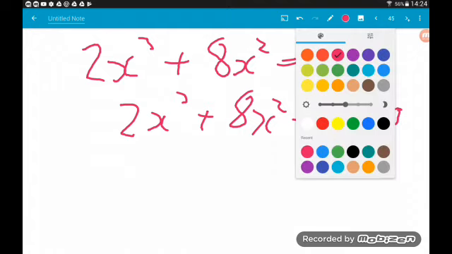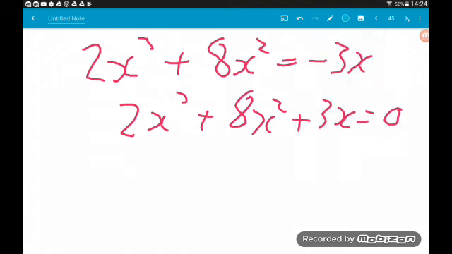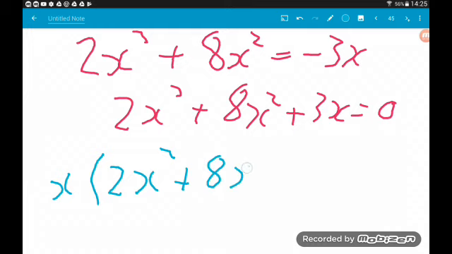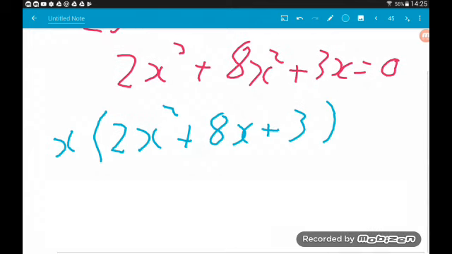Now, it's time to factorise the expression. So we got x lots of 2x squared plus 8x plus 3. Now, can we factorise this quadratic? Well, let's first of all find the discriminant to see if there are any roots.